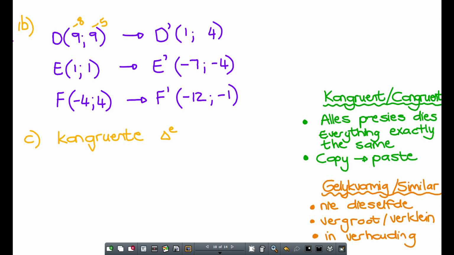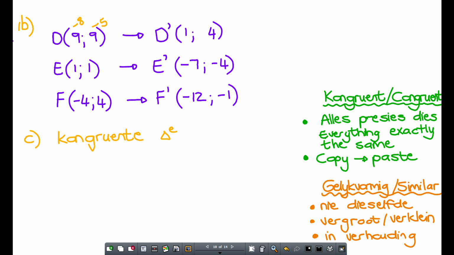Okay. Now, just so you guys know, what are similar triangles? Now, similar triangles are not the same. Okay? They're not the same. They are basically similar, meaning it's either zoomed in or out.